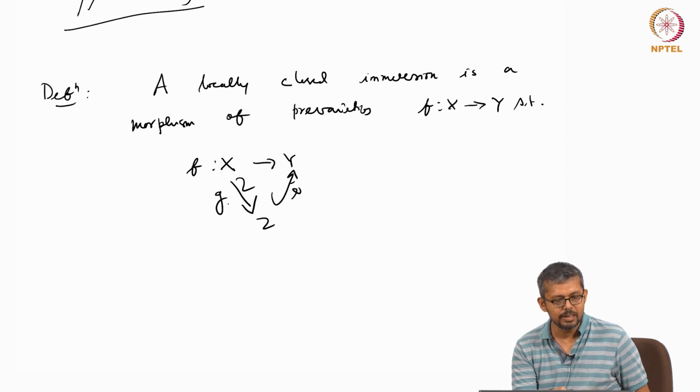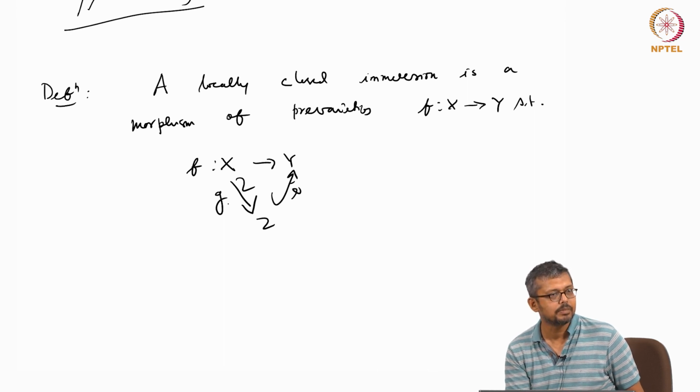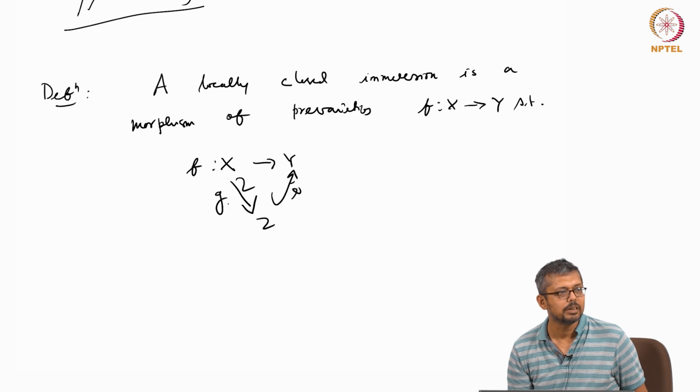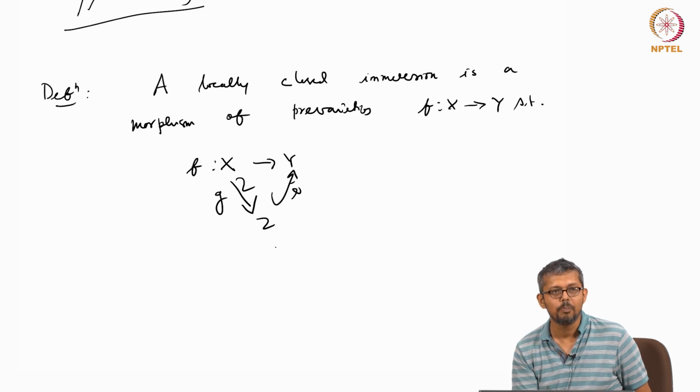So it has to be injective because this is an isomorphism. This Z, you can think of as an image of Fx. So Fx is sitting inside Y, but this image is a locally closed subset. So then you call it a locally closed immersion. And now you say it is an open immersion if Z is open.